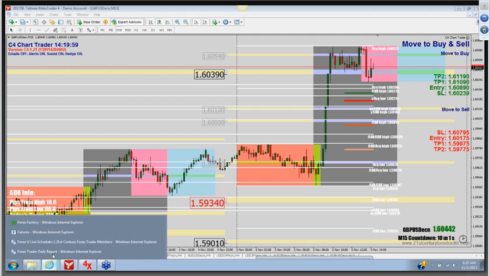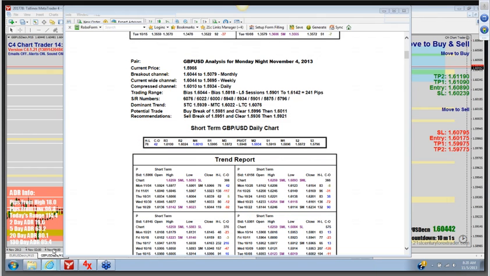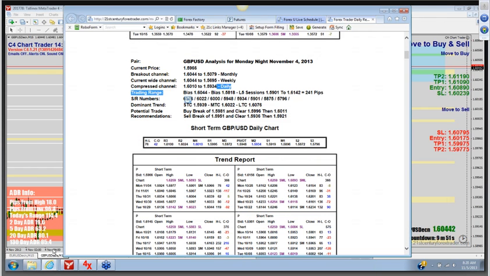And we see here that we have a channel bottom at 59.34, and we have a channel top at 60.10. And then right above that, we also have a 2 of 3 channel at 60.44. So we have 60.44 as a 2 of 3 channel, which is actually a pretty significant level for us.